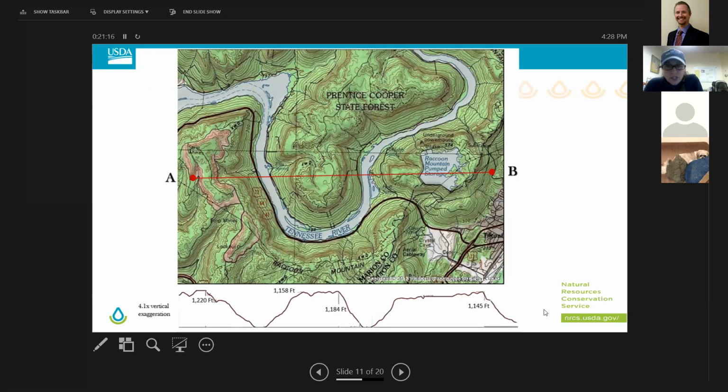And then I'm going to finish down from where A is. So I'd be crossing the Tennessee River twice, and I'd be crossing the Raccoon Mountain Pump Storage. I don't know if I'd want to cross that. Or the river.